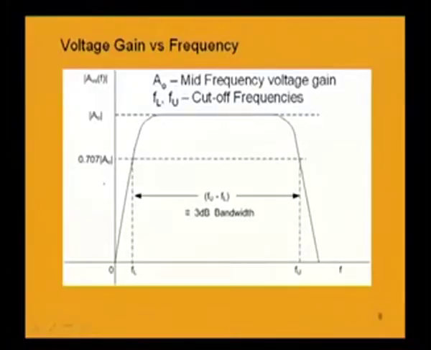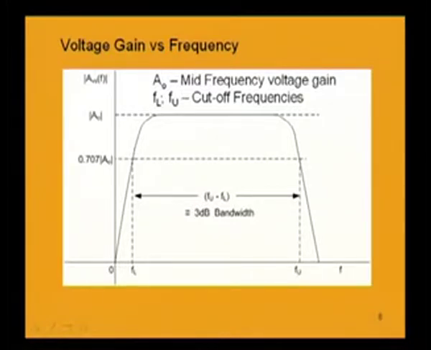Now in the plot of gain versus frequency, during this mid frequency portion the voltage gain is constant, denoted by A naught. A naught is the mid frequency voltage gain. That is the same voltage gain which we were discussing, taking into account the capacitors C1, C2 and CE being short.